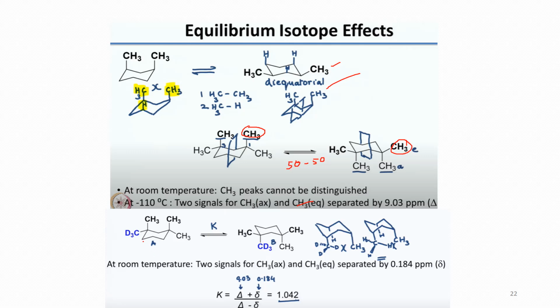Now suppose we substitute one CH3 with a deuterated group, CD3. After flipping, this CD3 will go downwards.